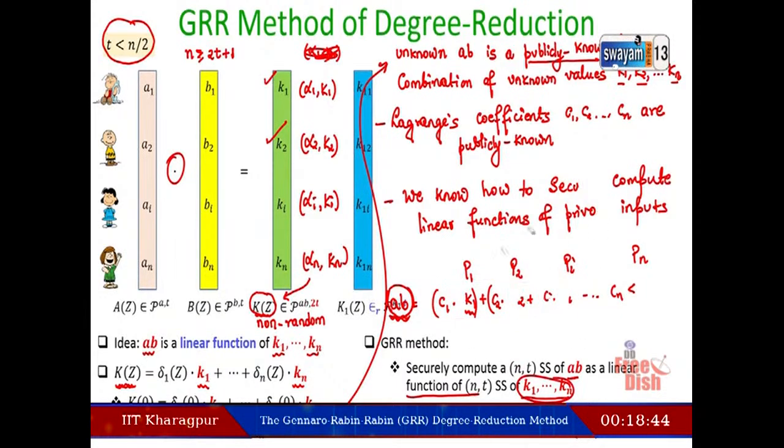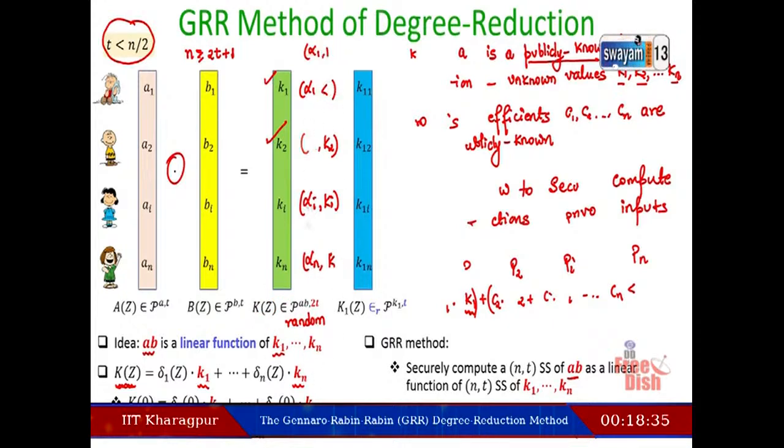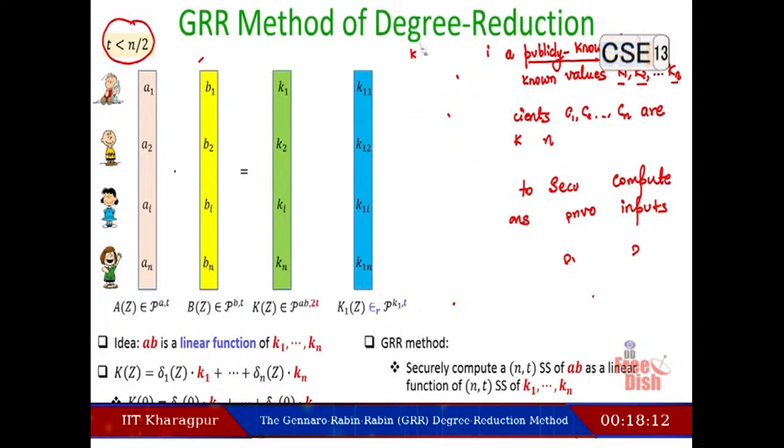Okay. So, now let us see what exactly happens in the GRR degree reduction method based on whatever we have discussed till now. We want to securely compute a publicly known linear function of K1, K2, Ki and Kn, and since it is a linear function we know how to securely compute it.